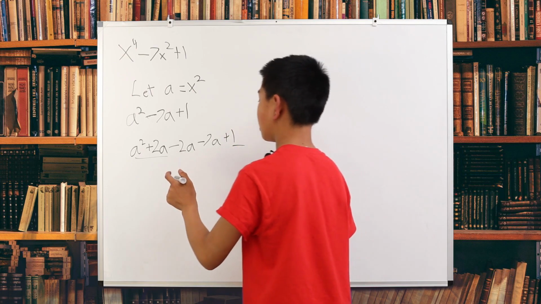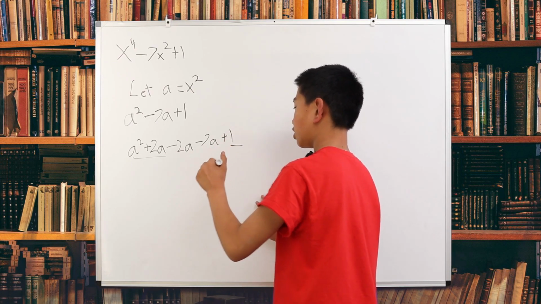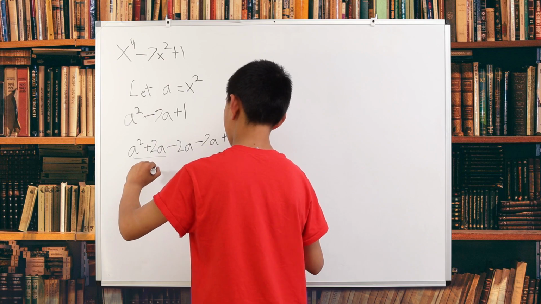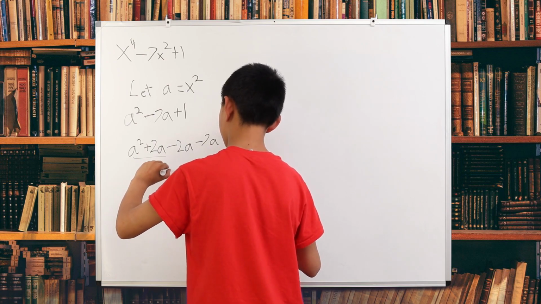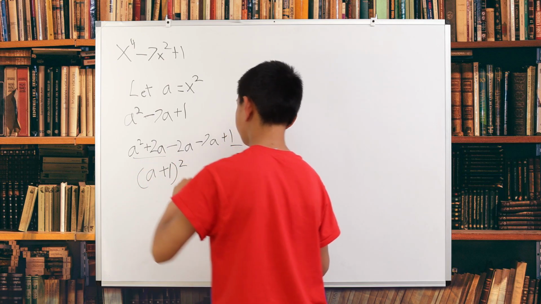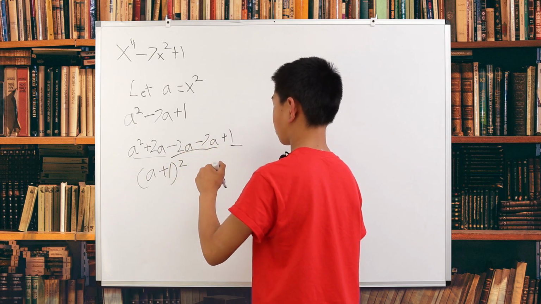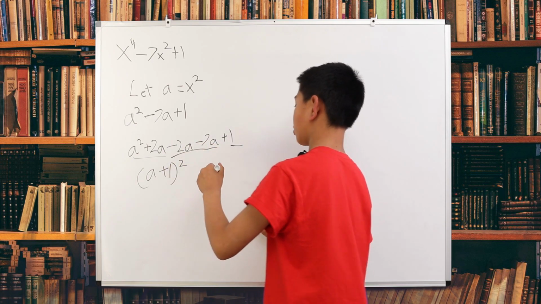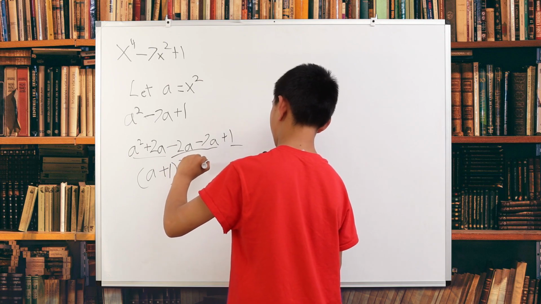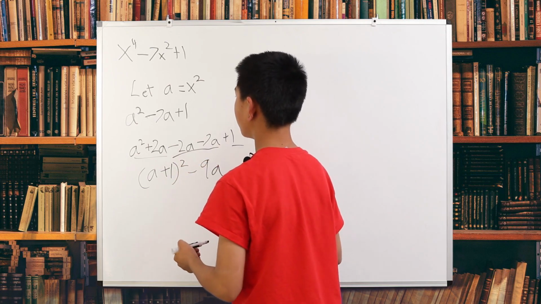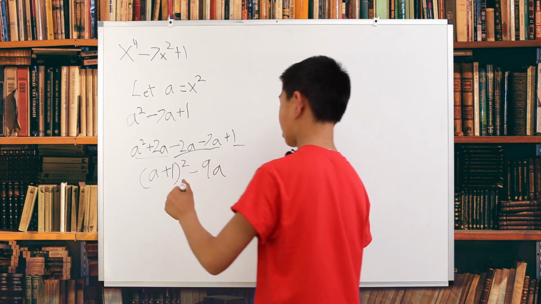And there's a plus 1. This is all we need for an equation. So the equation here is going to be a plus 1 squared. And since they're both being subtracted, you can add those two terms together, minus 9a. Now you put x squared back to make it easier.